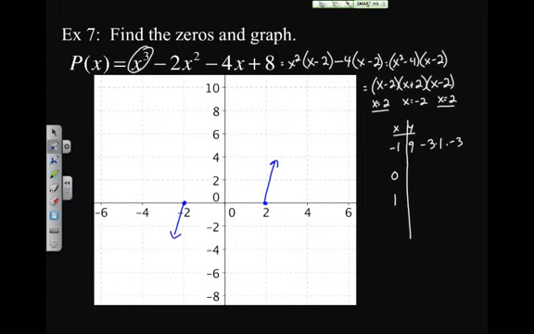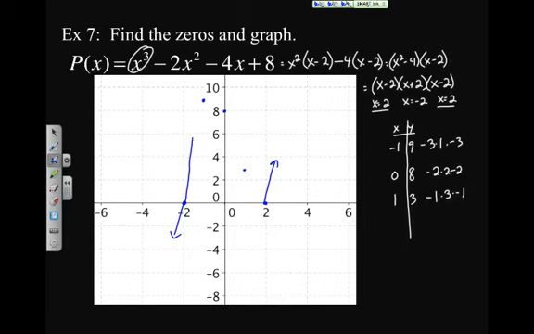If we put in a 0, we get negative 2 times 2 times negative 2. That's 8. And if we put in a 1, we get negative 1 times 3 times negative 1, which is 3. So graphing these points, we get negative 1, 9, 0, 8, and 1, 3.